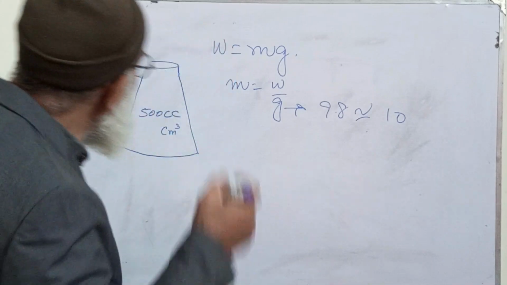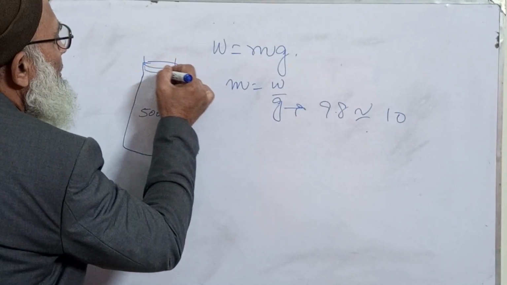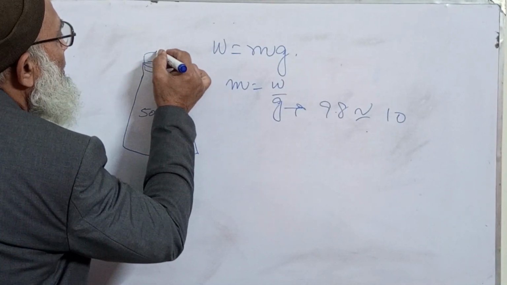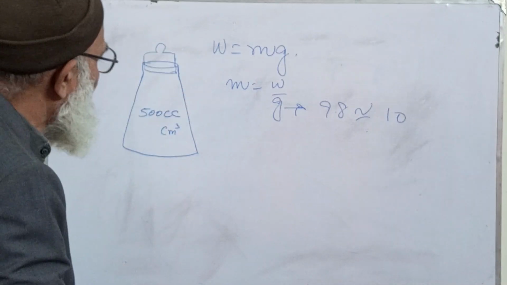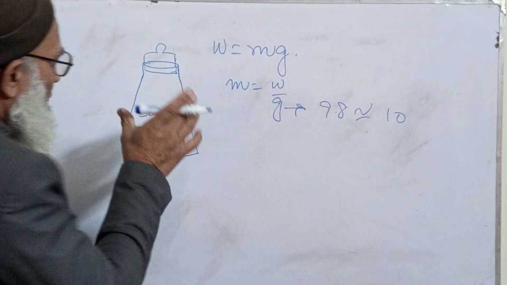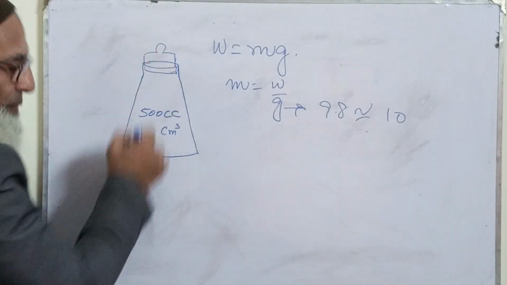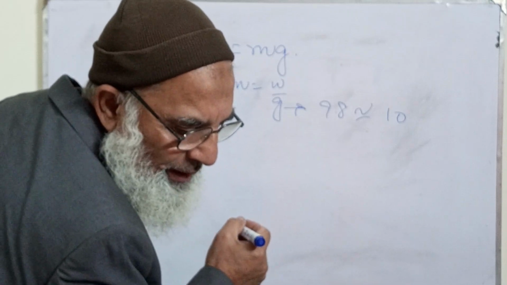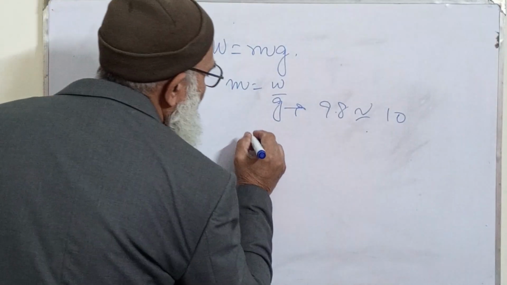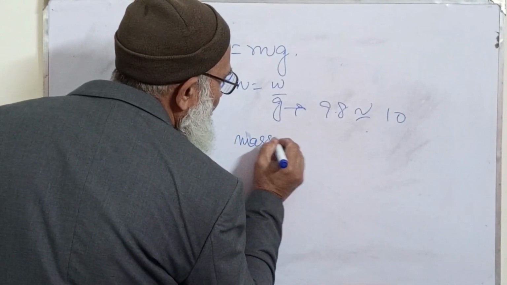Conical flask plus stopper. There is also a stopper in this. Now the mass of both the things, the conical flask and the stopper, is how much? It is 457.23 grams. It is in fact mass, not weight.